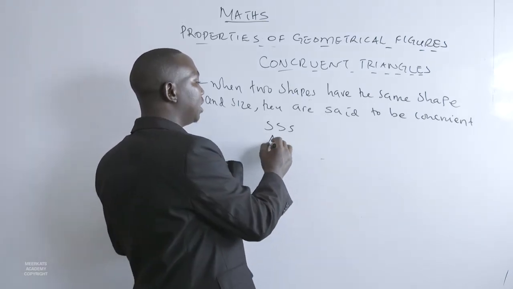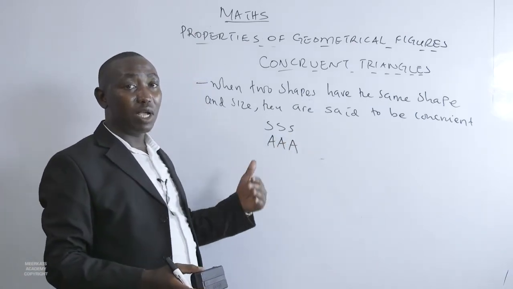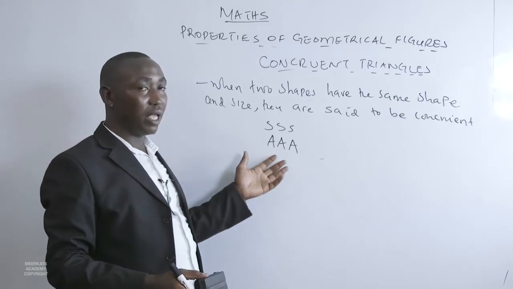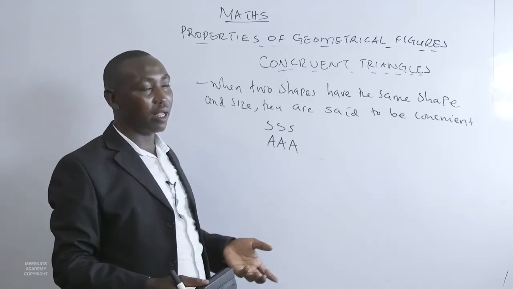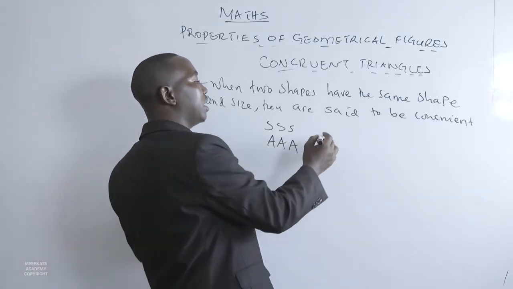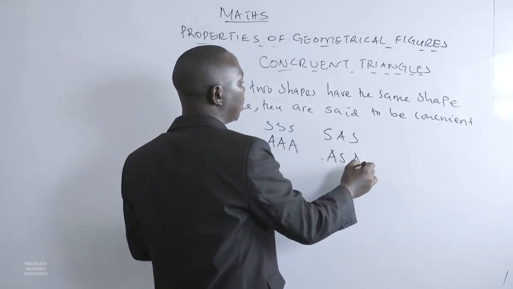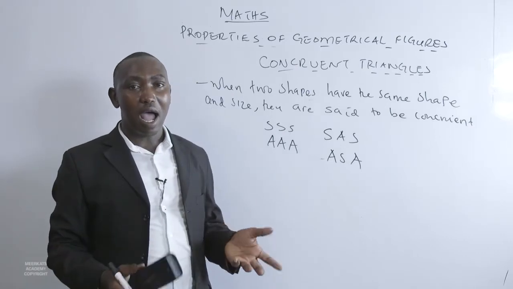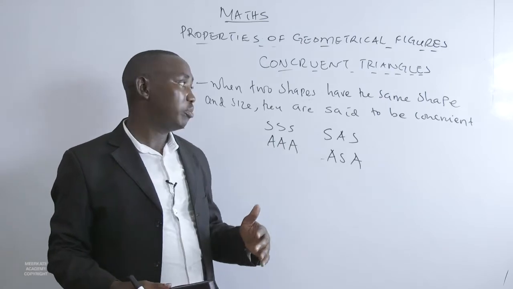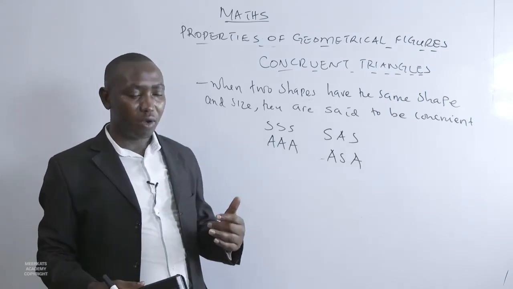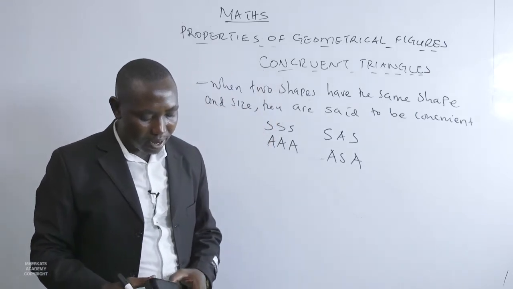Then sometimes we might use the angles to say that these triangles are congruent, that is when all the angles are equal. But sometimes we can use side-angle-side. We can also use angle-side-angle to say that these shapes are congruent, or the same in terms of their figure.